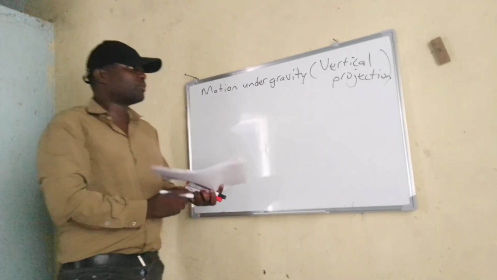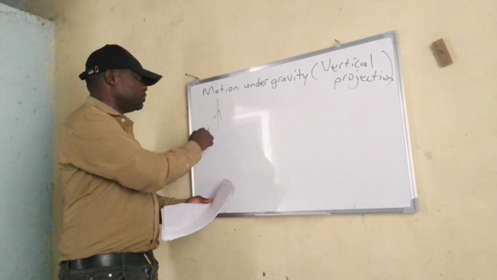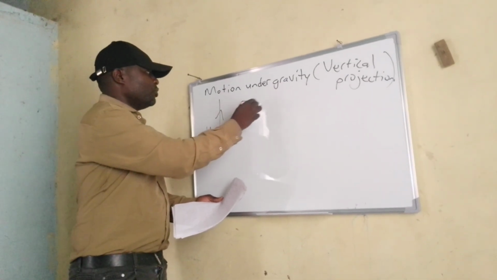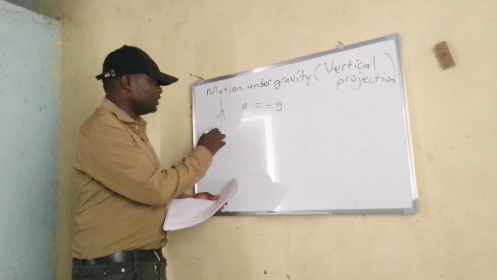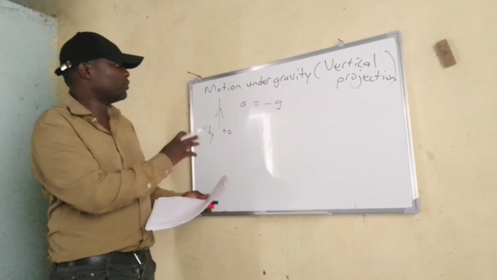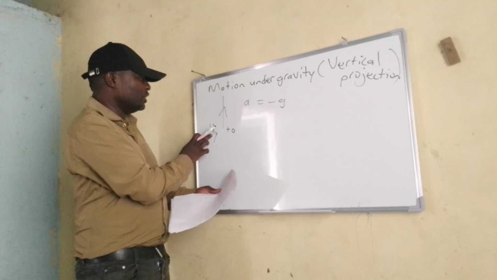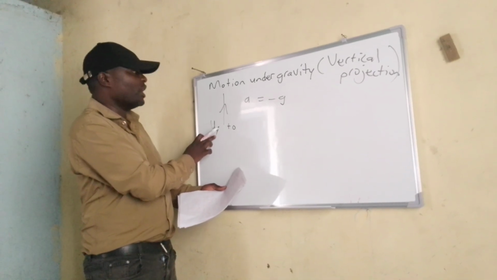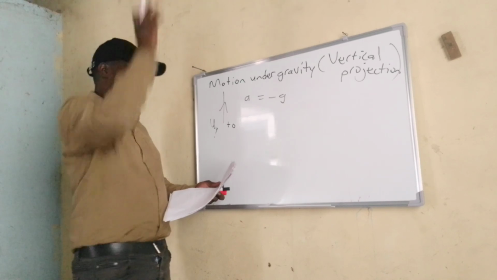If an object is projected vertically upwards, the initial speed is ui, and a is going to be minus g. An object is projected vertically upwards from the initial point O at an initial vertical velocity ui. Acceleration is minus g because it is decelerating.